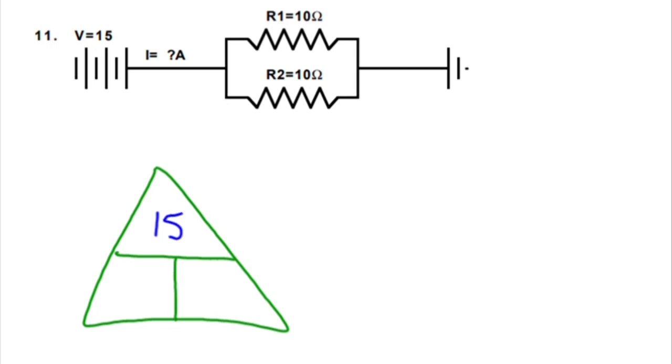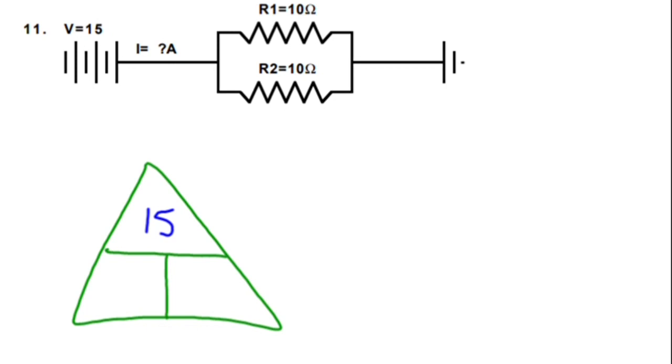Now we know that we've got a 15-volt supply and we are trying to find the current flowing through this circuit. Now in order to calculate the total current, we need to know the total resistance of the circuit. If the resistances were in series, all we'd have to do is add the total value of the resistance, but they're not, they're in parallel.